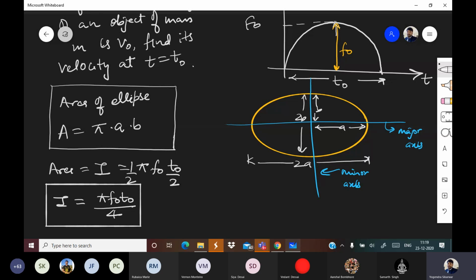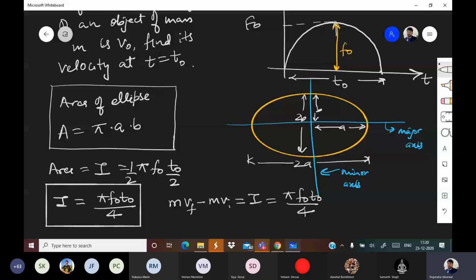I am telling you. So I is nothing but mv final minus mv initial, equal to I, and that will be pi F naught T naught by 4. Now v initial is given as v naught. So m times v final will be m v naught plus pi F naught T naught by 4.